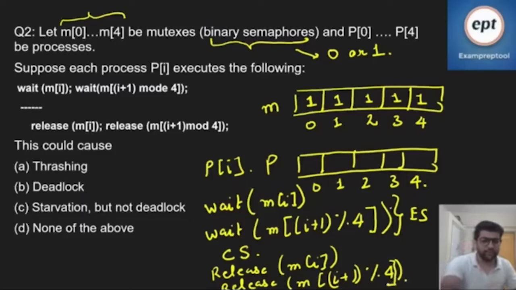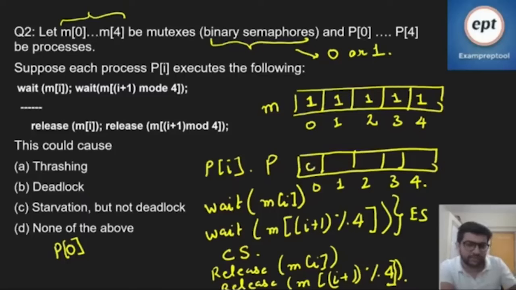So let us assume that the P0 process starts executing, and it executes till this wait Mi instruction. So it executes this wait Mi instruction and then it is preempted. So the P0 process has locked this mutex M0. Let me just write 0 here. It means the 0th mutex is locked by this particular process.